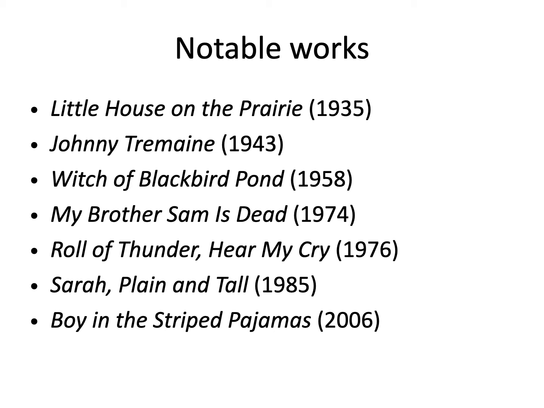These years are all the years in which these books were published, not the years in which they are set. My Brother Sam is Dead, a novel about the American Revolution. Roll of Thunder, Hear My Cry, the life of African Americans in the South during the Great Depression. Sarah, Plain and Tall, also westward expansion. The Boy in the Striped Pajamas, which is about the Holocaust.